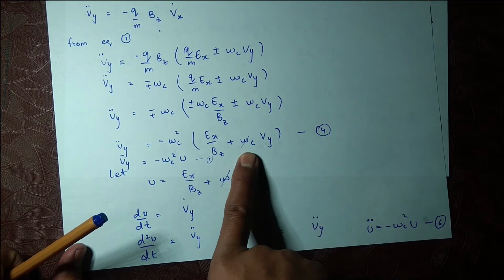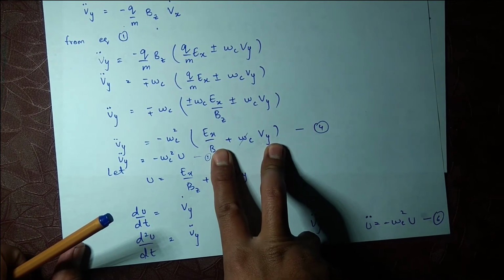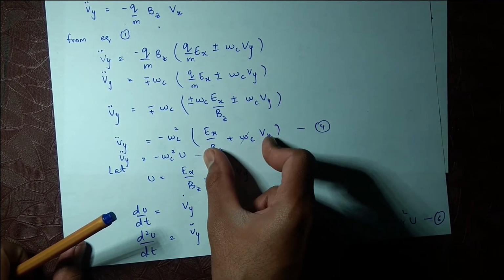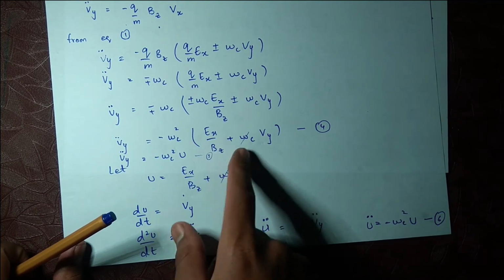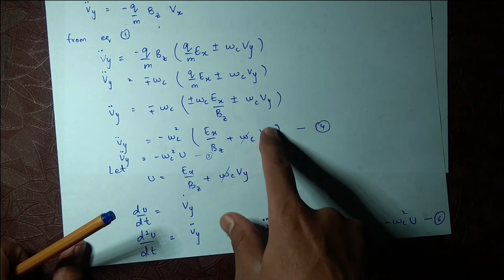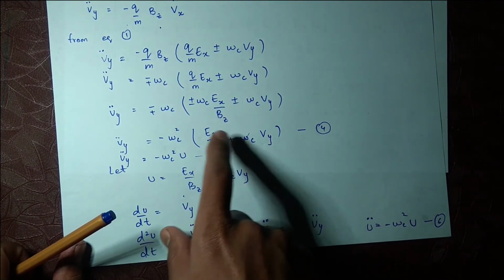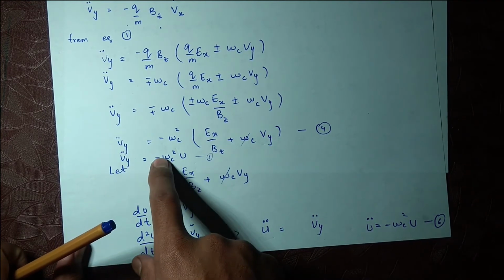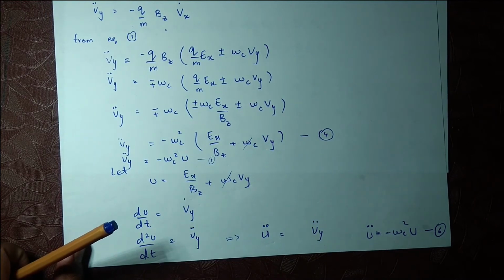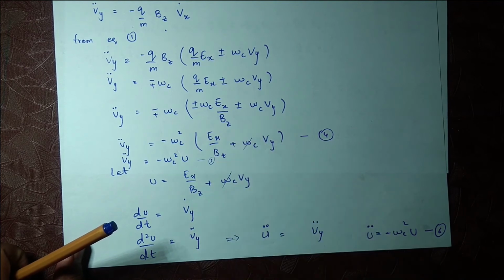So now we are going to consider this inside term as u. Letting this inside term be u, u equals Ex over Bz plus Vy, and our equation will be Vy double dot equals minus omega c square u, where u is this whole factor.